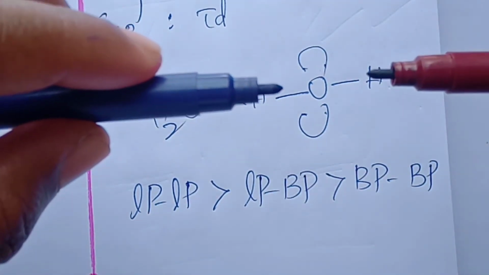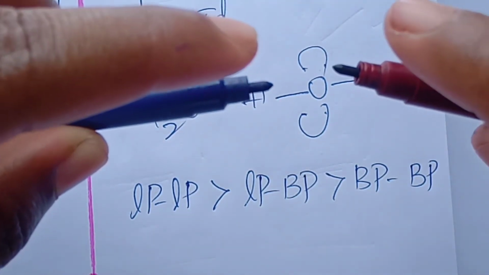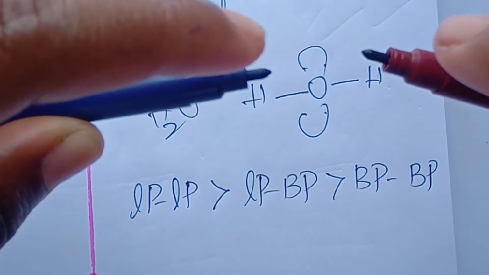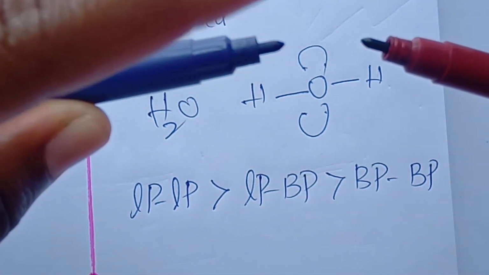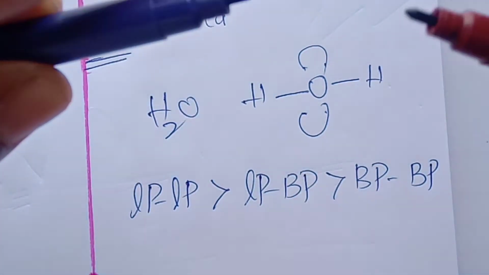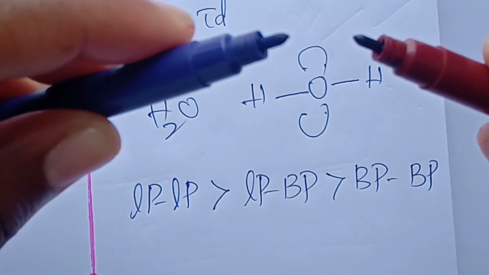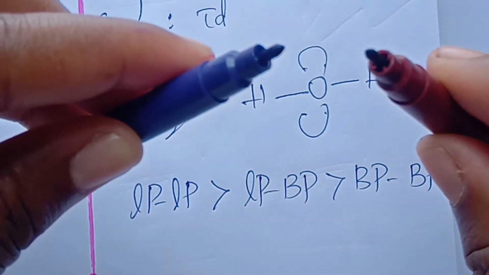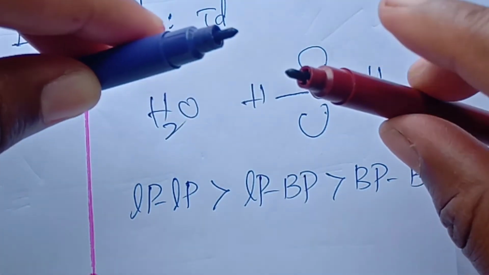This is hydrogen, right? And above and below there are lone pairs present. Due to the lone pairs' repulsion, the molecule acquires a bent shape in this way.